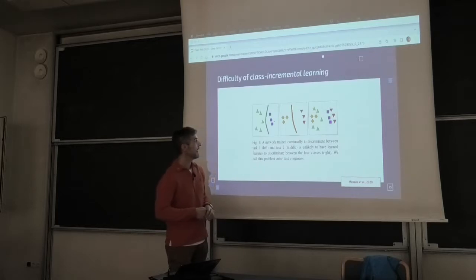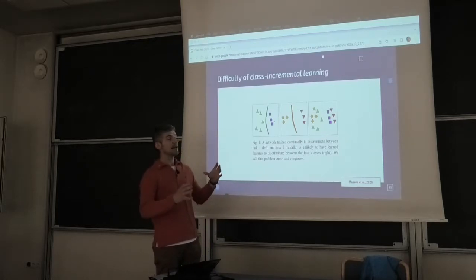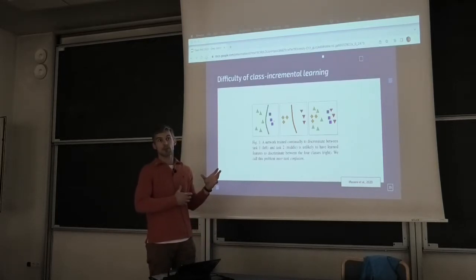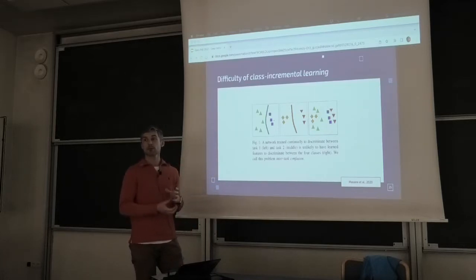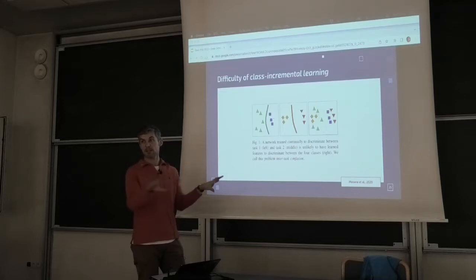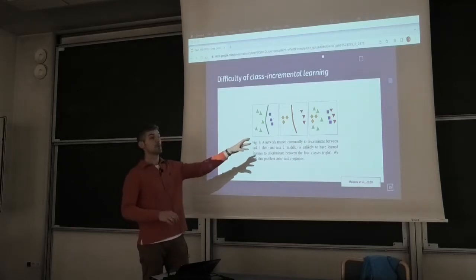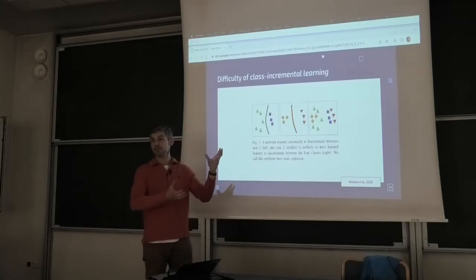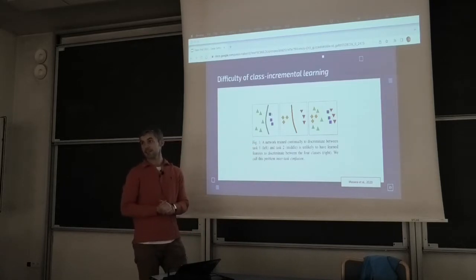And after those 2 tasks, we want the model to not only find the borders between those classes in a separate manner, or individually, but to figure out the differences between all the classes altogether.